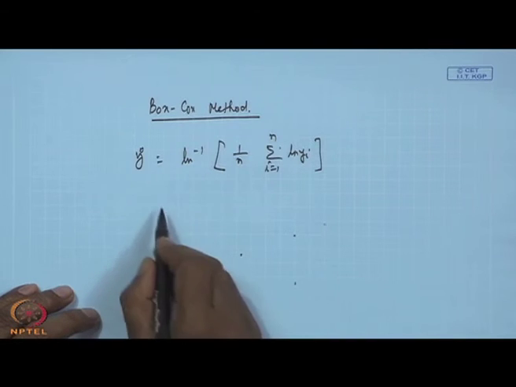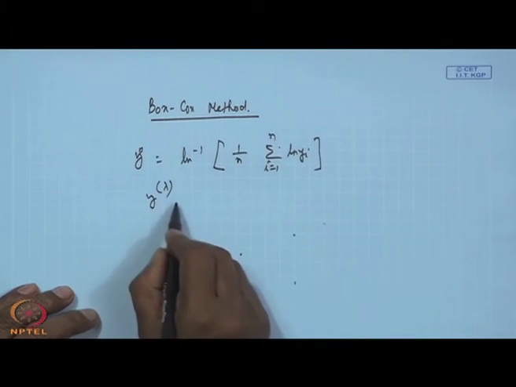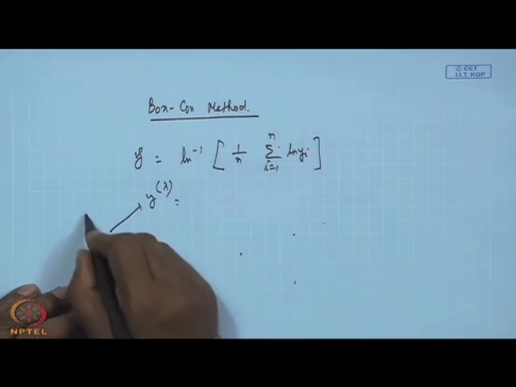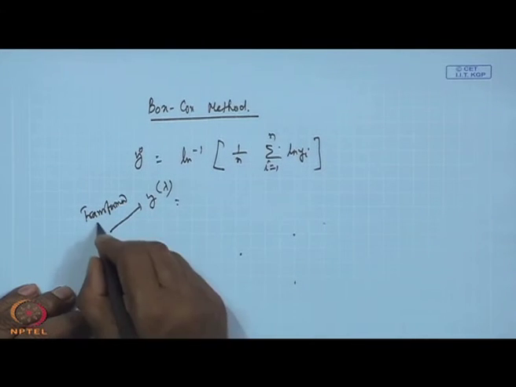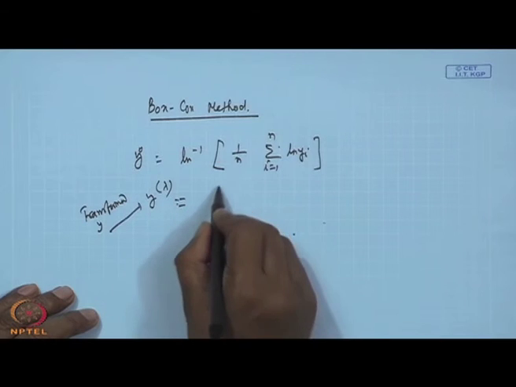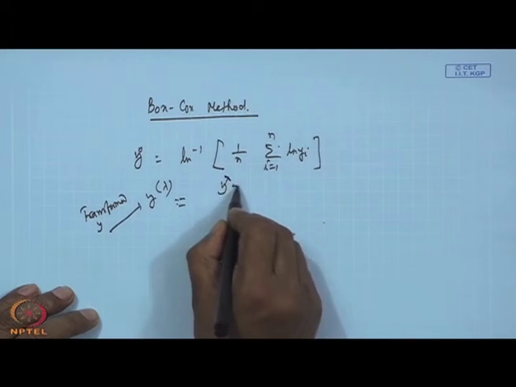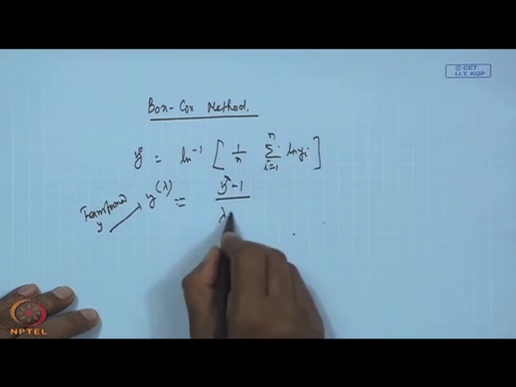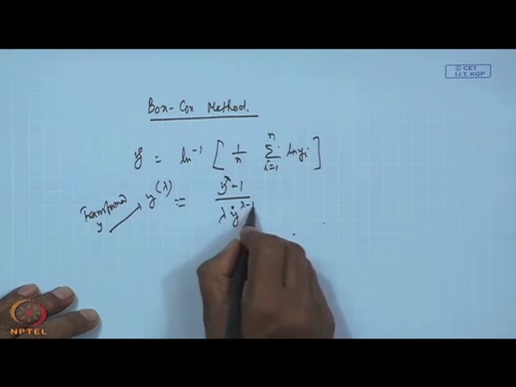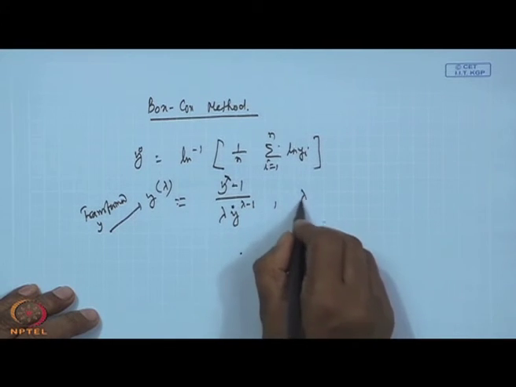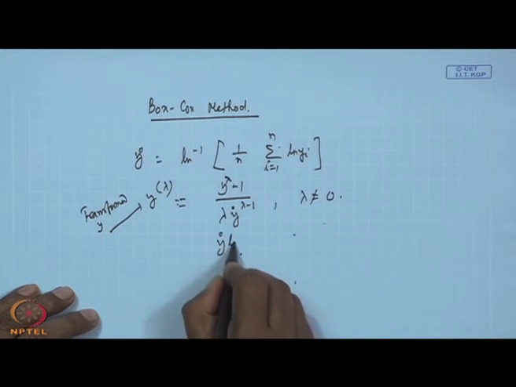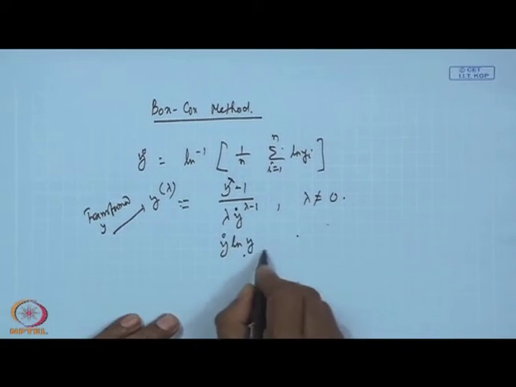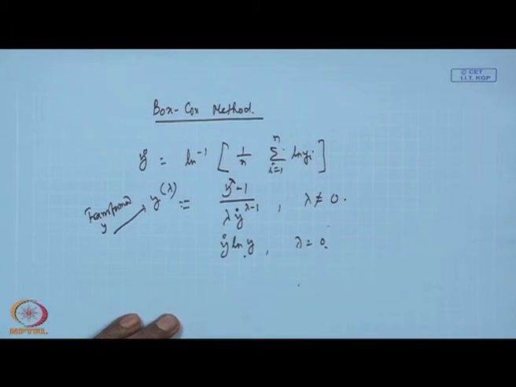So, y dot is log inverse of 1 by n, sum over i equal to 1 to n of log of yi. Then you are creating the transformed variable, transformed y, which will be y to the power lambda minus 1 by lambda y dot to the power lambda minus 1 if lambda is not equal to 0, or y dot log of y if lambda equals 0.